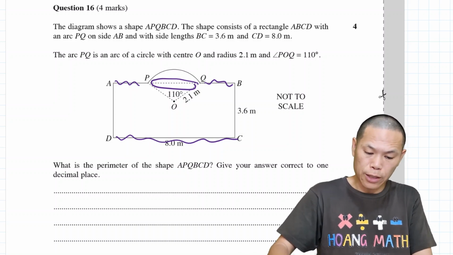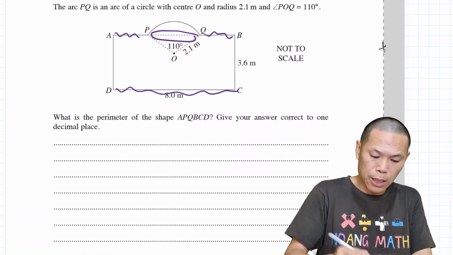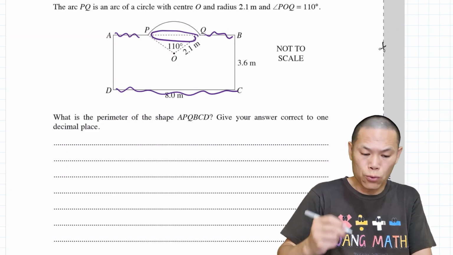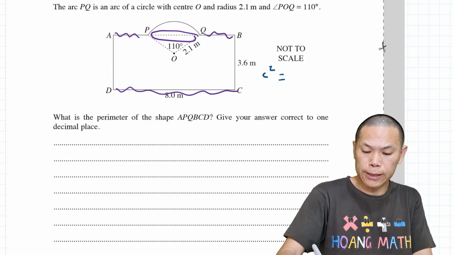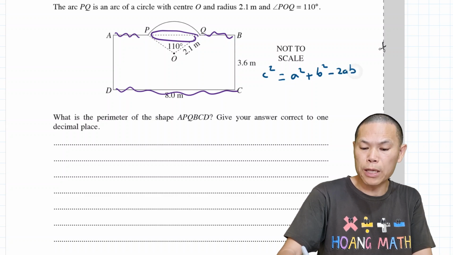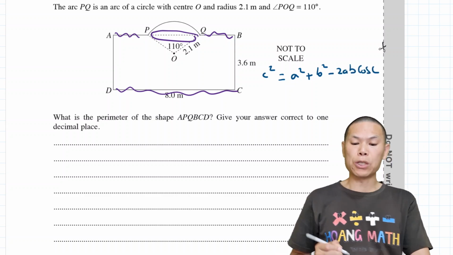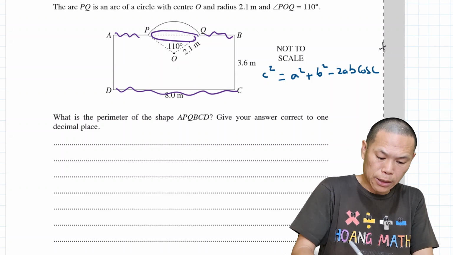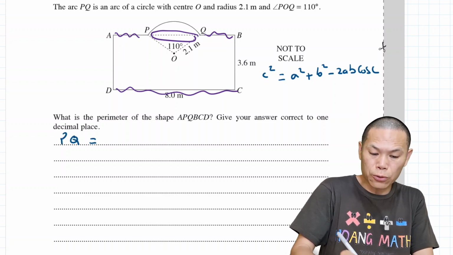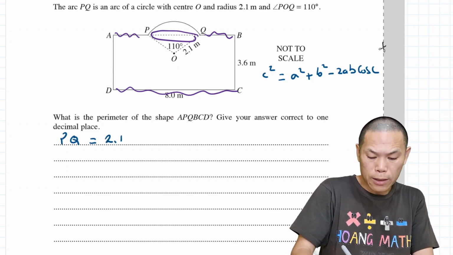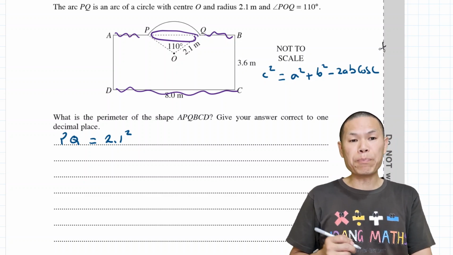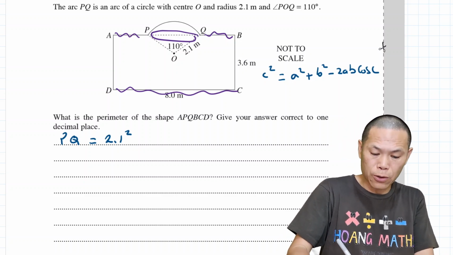So let me just work out the length of PQ first. Okay, so let me just write on here. The length of PQ is, we use the cosine rule. C squared is A squared plus B squared minus 2AB cos of the angle in between, that is C. So that means PQ squared is equal to 2.1 squared, and A and B are the same because they're both radius of a circle.